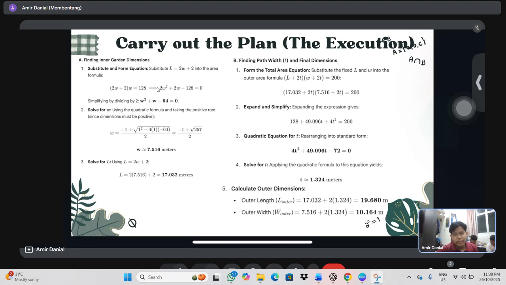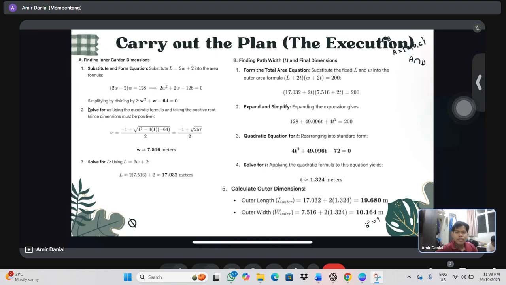So it becomes 2W squared plus 2W minus 128 equals 0. And then we need to simplify by dividing by 2: W squared plus W minus 64 equals 0.